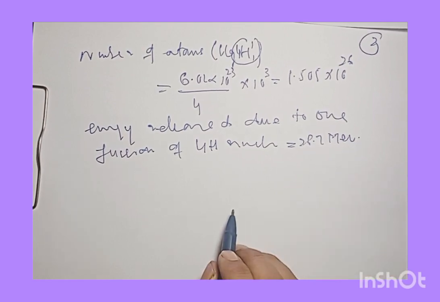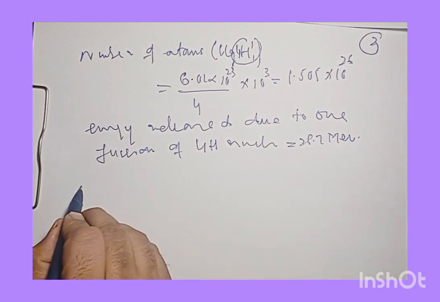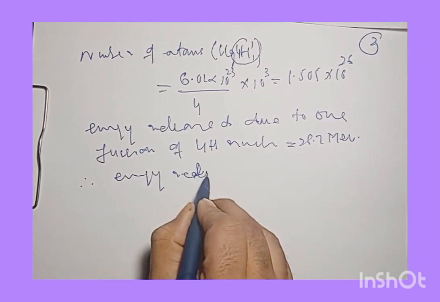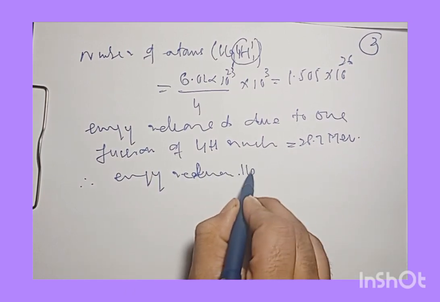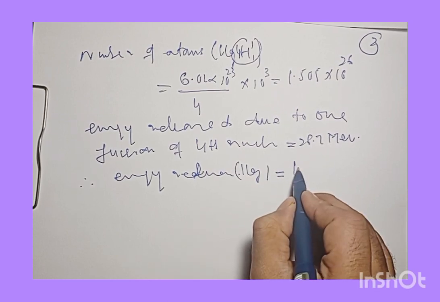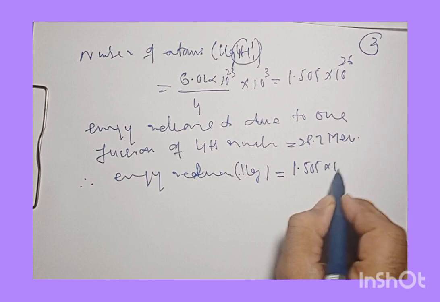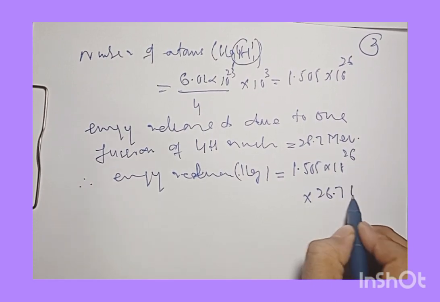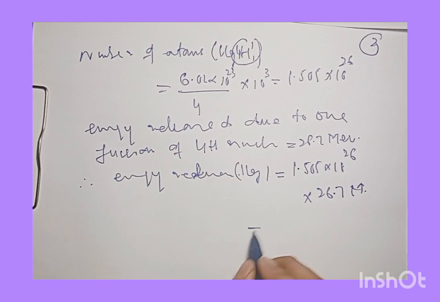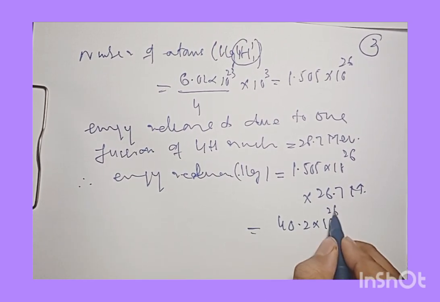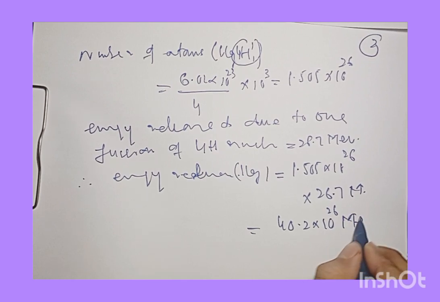We have calculated it. So what will be the energy released by 1 kilogram during fusion? That will be 1.505 into 10 to the power of 26 times 26.7 mega electron volts, and this comes out to be 40.2 times 10 to the power of 26 mega electron volts.